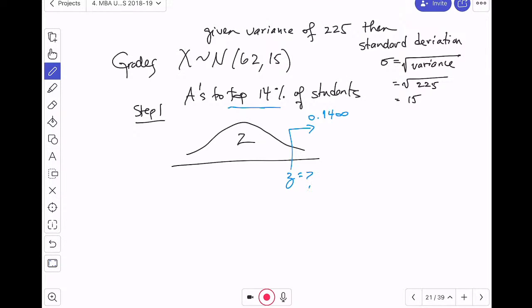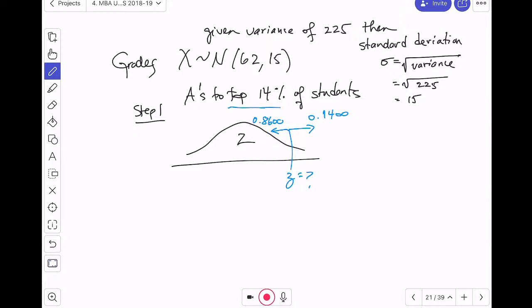But my table only gives me values for the left area, not the right area. So if I want to solve this, I need to work with this side. The left side, if you subtract 100 by 14, is 0.8600 this way.